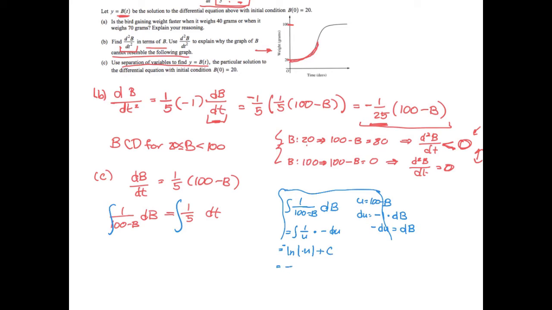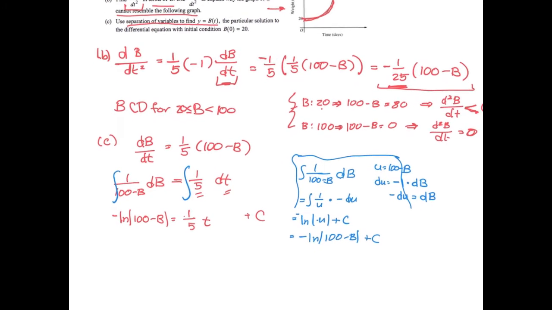So that's negative ln absolute value of (100 minus b) plus c. The antiderivative here we just found was negative ln absolute value of (100 minus b), and I'm not going to put my plus c because I'm just putting that on the right side, of course. The antiderivative of 1/5 is going to be 1/5 t, because t was my variable on that right side.